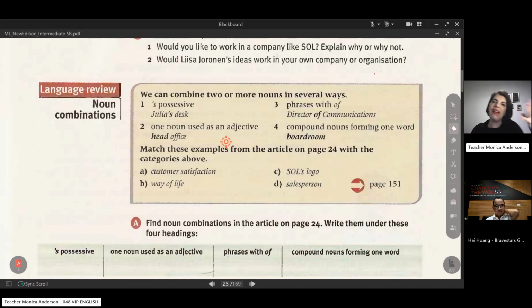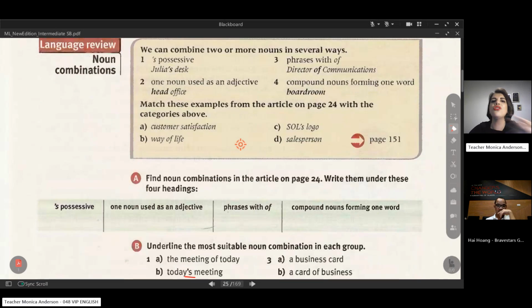Normally we have an adjective before a noun, but sometimes we have noun and noun. The first noun plays the role of adjective, like head office, headquarters, post office. The first one plays the role of adjective for the second one. The third form is phrases with of.